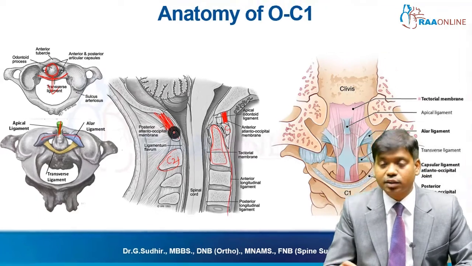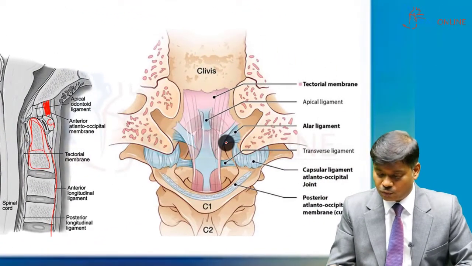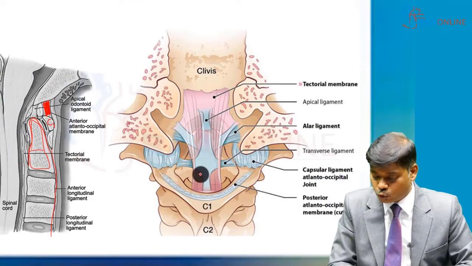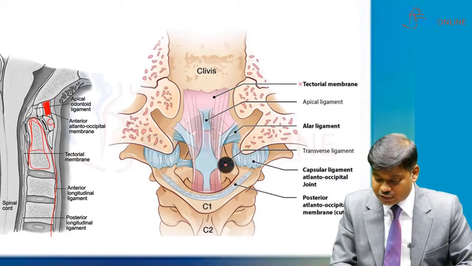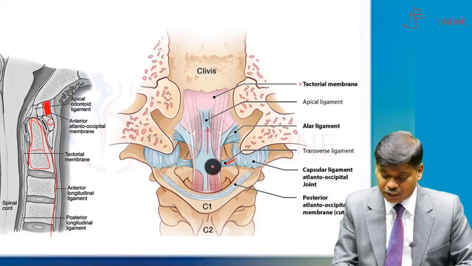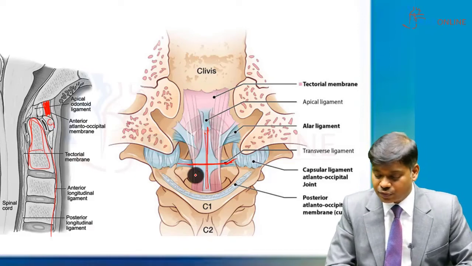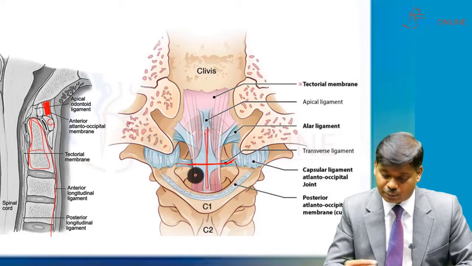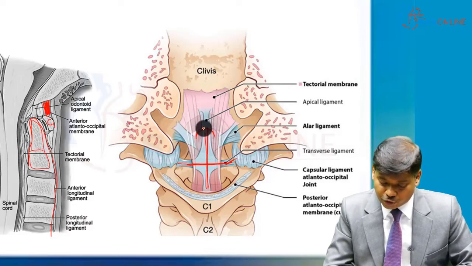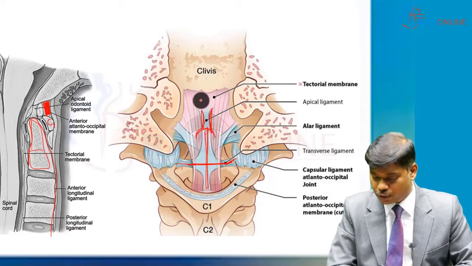Apart from that, there are certain ligaments which connect various bony structures to the odontoid. One of the most important structures is the cruciate ligament. As you can see, this is the transverse ligament, and these are the superior and inferior fibers, and the entire thing forms a plus shape. That is why it is called the cruciate ligament. Then from the tip of the odontoid, you have the apical ligament which goes and gets attached to the top.